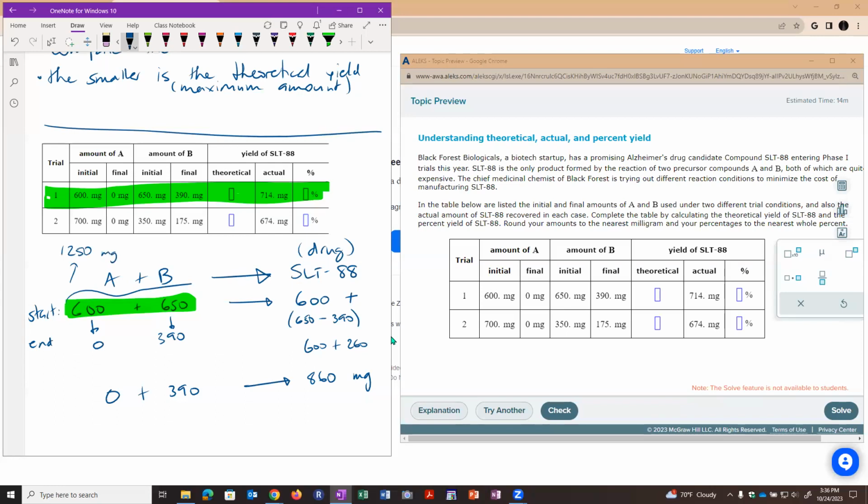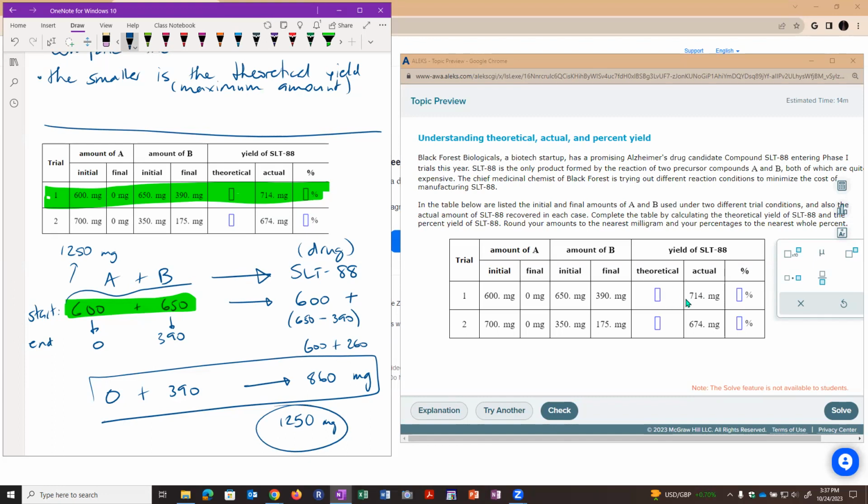And at the end, guess how much I should have? I should also have 1,250. Well, at the end, this is what I have. When I add 860 to 390, that gives me 1,250 milligrams at the end. So that makes sense. You haven't created or destroyed stuff. The total amount at the beginning, A and B, is the total amount left at the end.